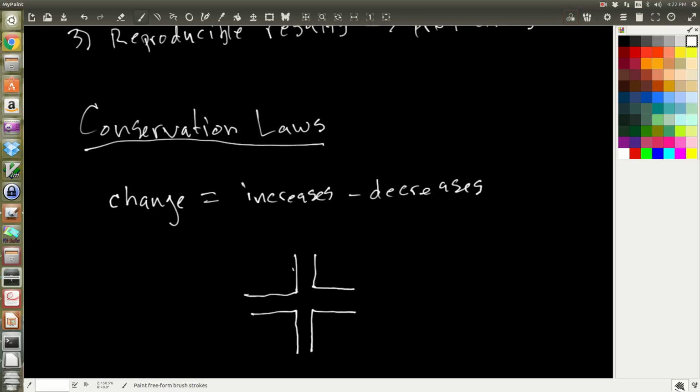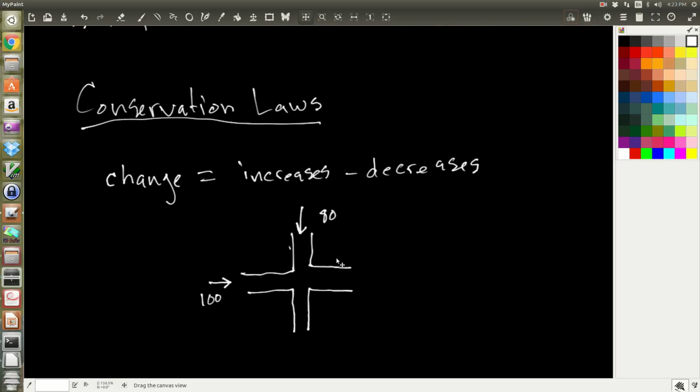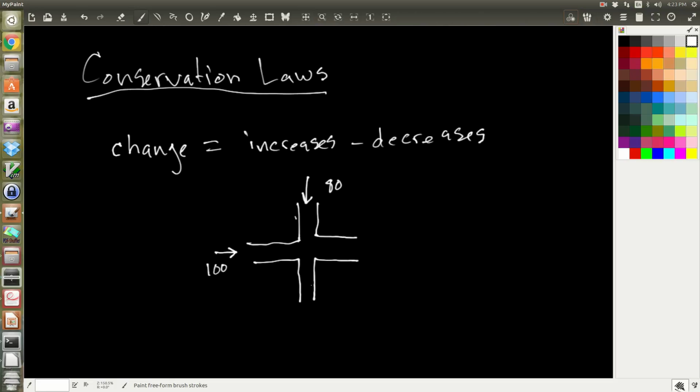And let's say coming in here, we have a flow in of 100 units, whatever liquid or fluid we're talking about. And here we have a flow inward of 80 units. And let's say down here we have an outward flow of 120 units.